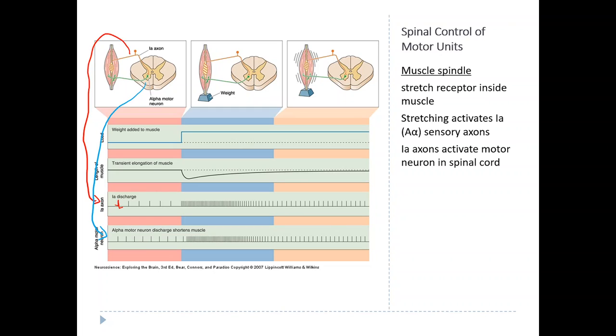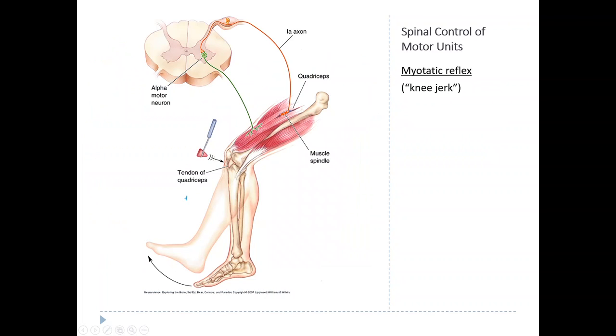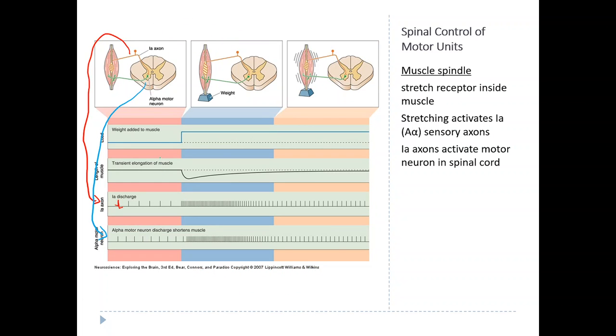And that contraction will, of course, make the muscle shorter. So what you see is as soon as the 1A axon fires, the alpha motor neuron starts to activate, and that causes the muscle to start to contract. So at that exact moment, or pretty close to it, the muscle starts to shorten again.